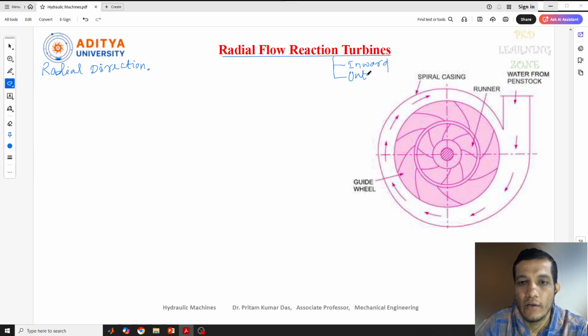In the radial directions, the water may flow radially from outward to inward, from outside to inside, or you can write inward here.